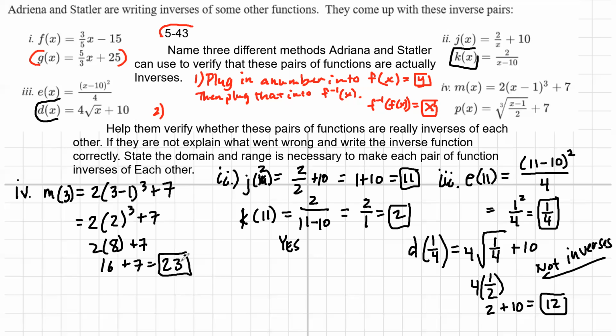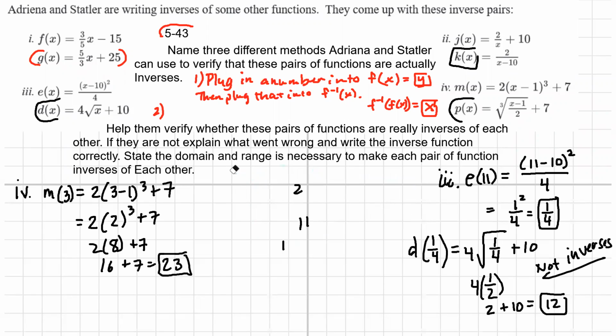Now let's plug 23 into the inverse function p of x and see if we get 3 back. I need more room again, so I'm going to erase this part. Number 1 and 2 both worked, so we don't need those anymore. So let's plug in p of 23.